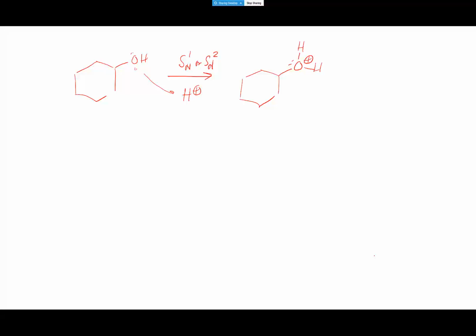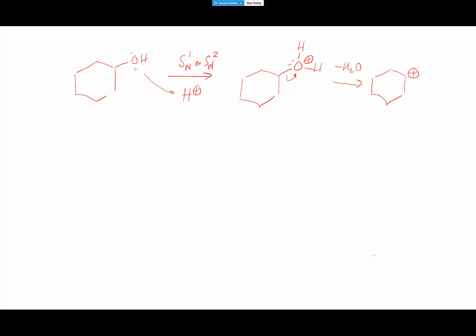So if I want to do substitution, what do I want to replace that OH with? Well, I want to make it leave, but then I want to substitute something there. So will the water leave? Yes. I'll lose H2O, and I'll form the carbocation. Once I form the carbocation, if I want to do substitution, what do I want to add to that carbocation?